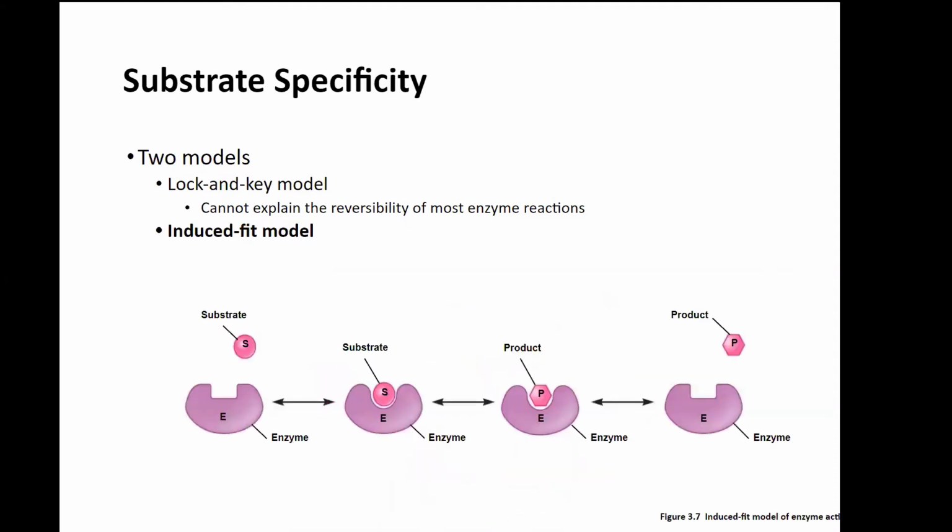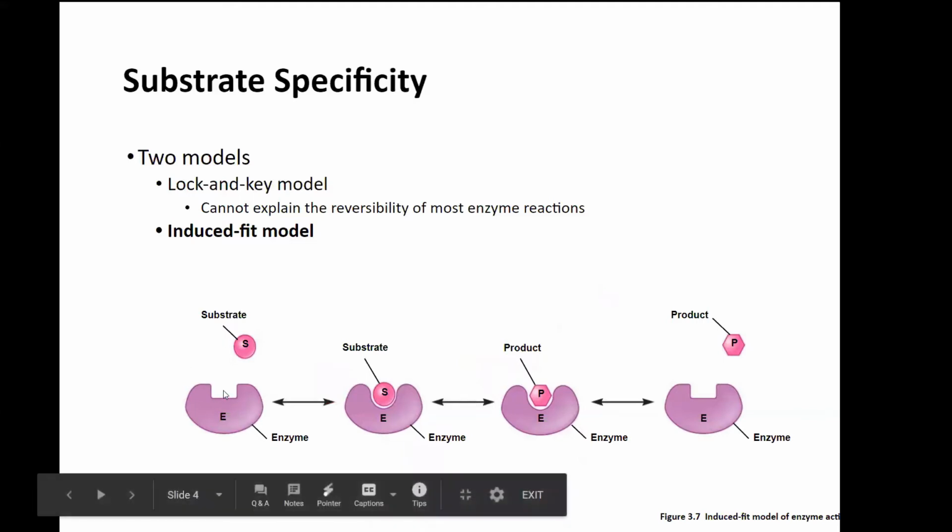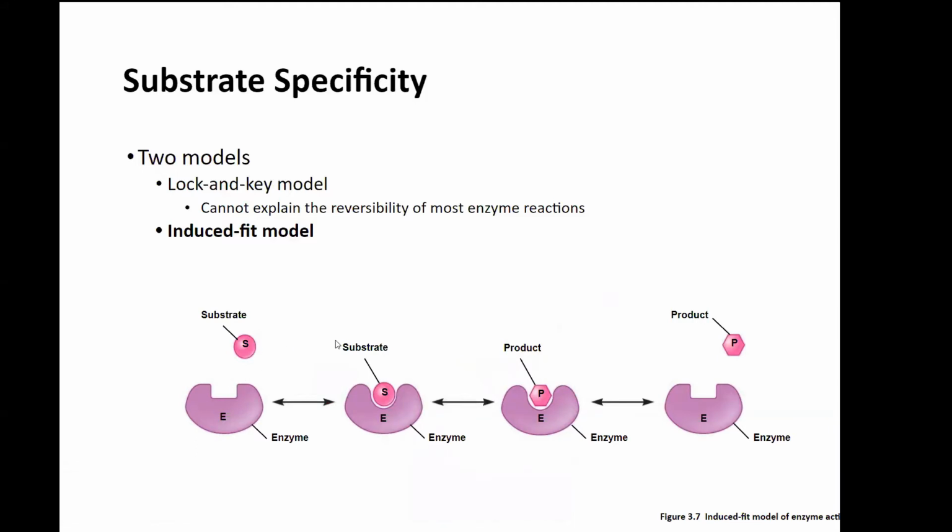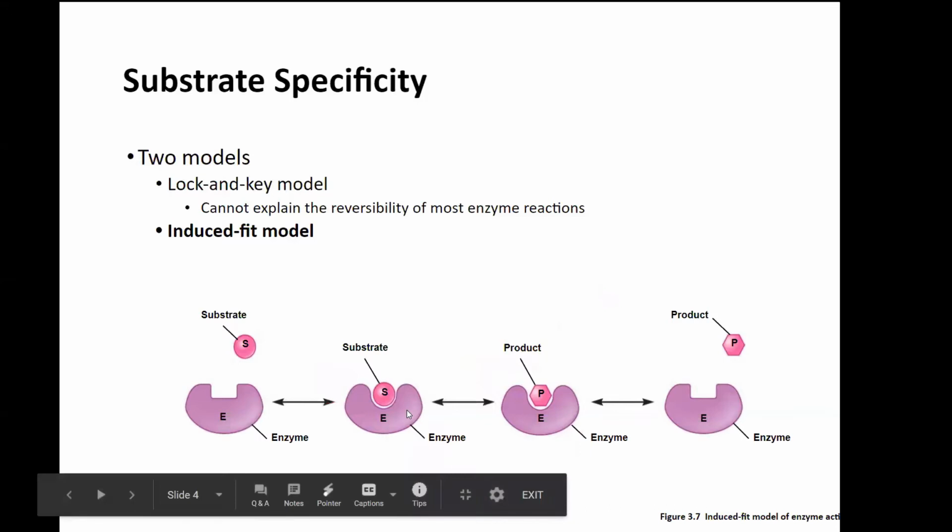Okay, so in this induced fit model, this is looking at a substrate, S, so that's the same thing as our reactant. It's looking at this enzyme E here. So we can see here that the active site in this picture of this enzyme, we have this kind of square active site. Our substrate is round, but this enzyme does accept this substrate.